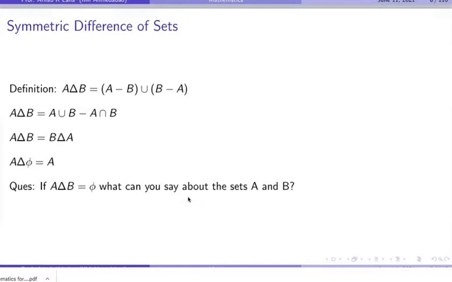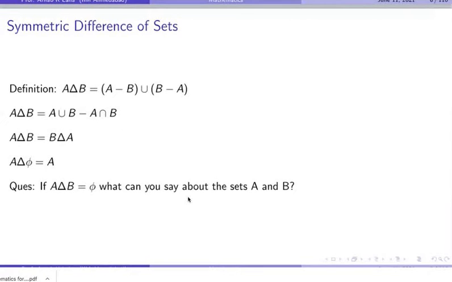Now in general, we can write A delta B as A union B minus A intersection B. So the difference of these two sets, A union B minus A intersection B, is A delta B. A delta B is equal to B delta A, so it is commutative.